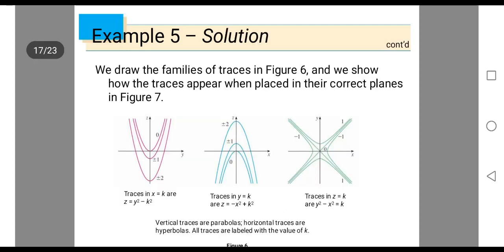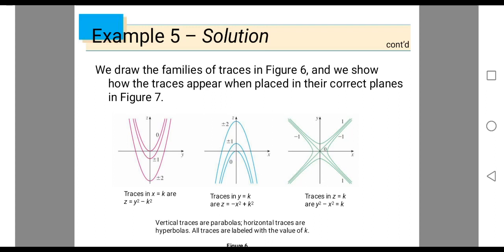All right, let's make it clear with the diagrams. We draw the families of traces in figure 6, and we show how the traces appear when placed in other correct planes in figure 7. Now we talked about x is equal to k, and it was z is equal to y square minus k square, and we can see there are parabolas, and they are opening upward.